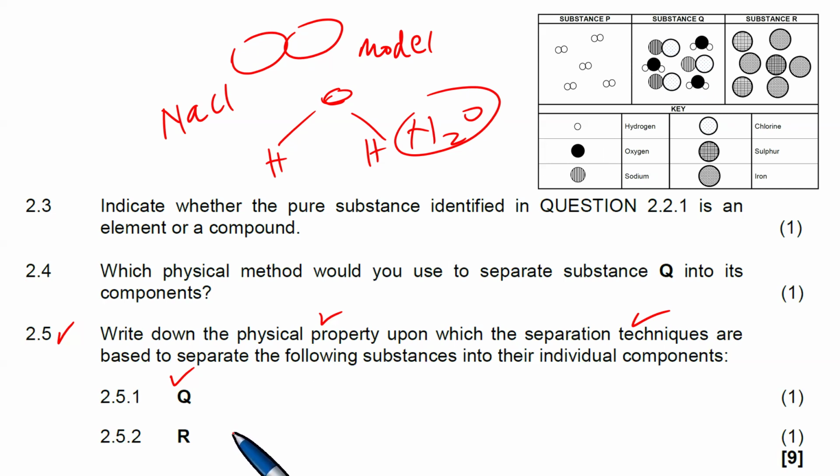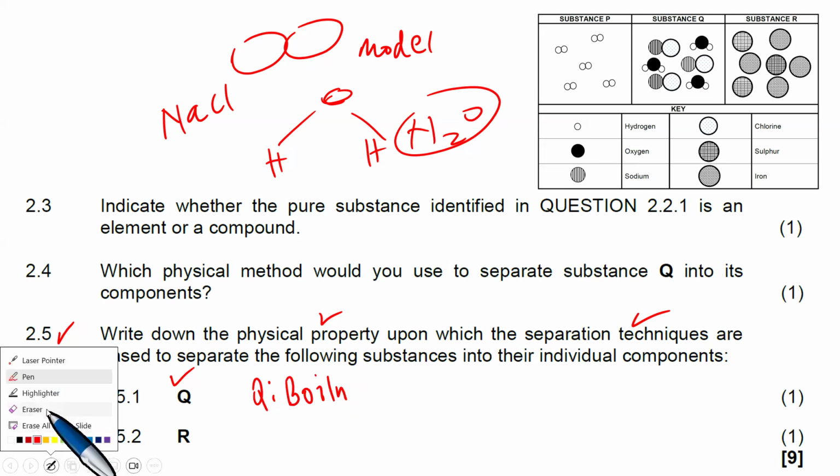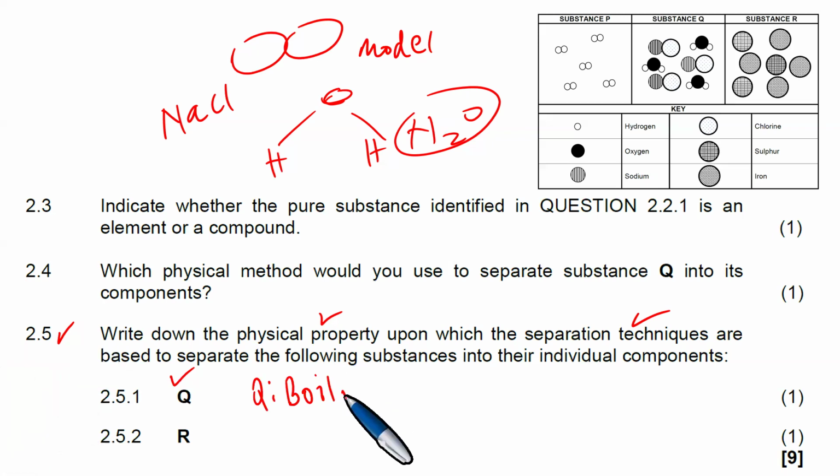Here, in Q, we use the notion of boiling points. We use boiling points to separate these substances, and that is the physical property. We use the boiling point to separate the substance Q.